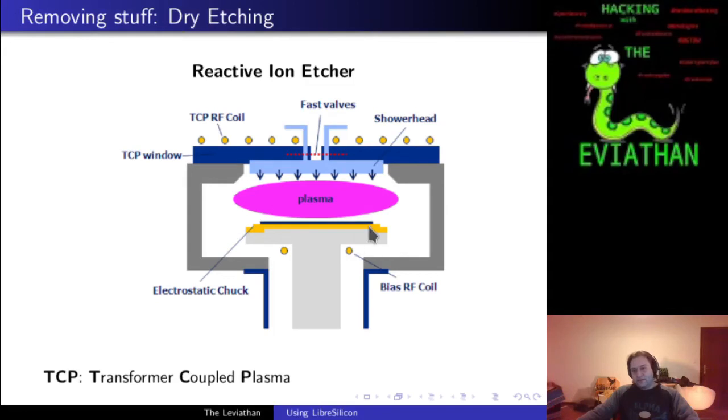So that's a schematic of the thing. You have coils which agitate the gas and turn it into a plasma, which then bombards the sample you want to etch, and all the areas which are not protected by a photoresist layer are removed atom by atom.